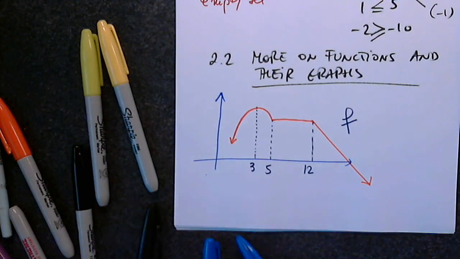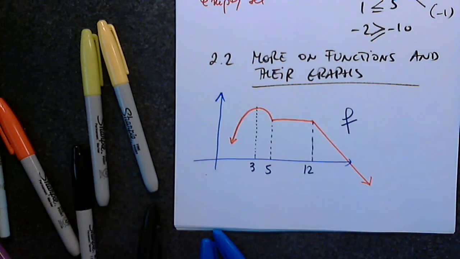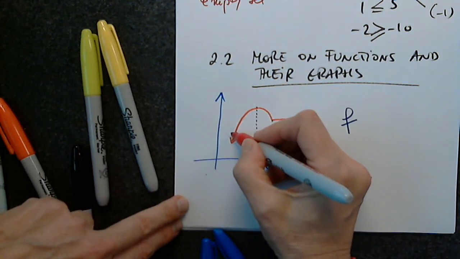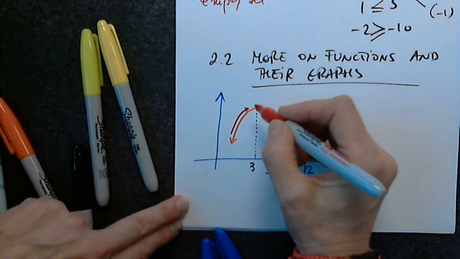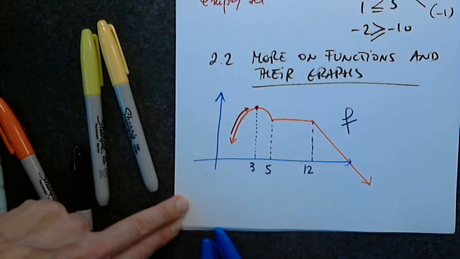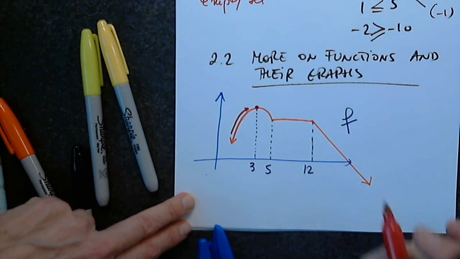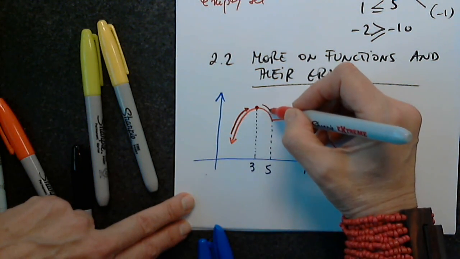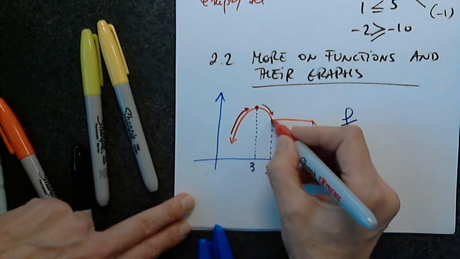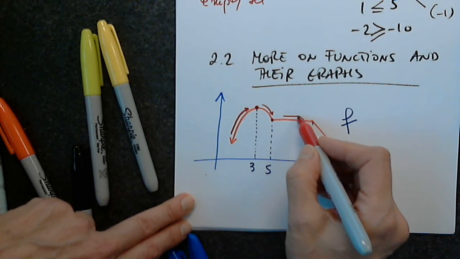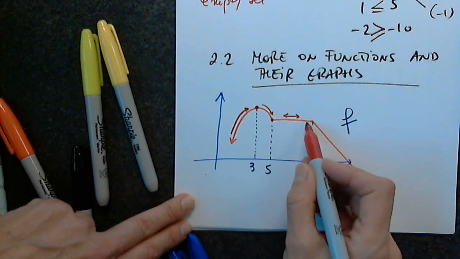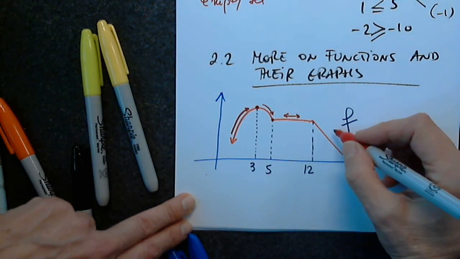Now, if you follow my marker, you will see that this function increases till it gets to this point. Then I'm sure you agree that it will decrease till it gets to this point, and then it will be constant between these 2 points, and it will decrease.